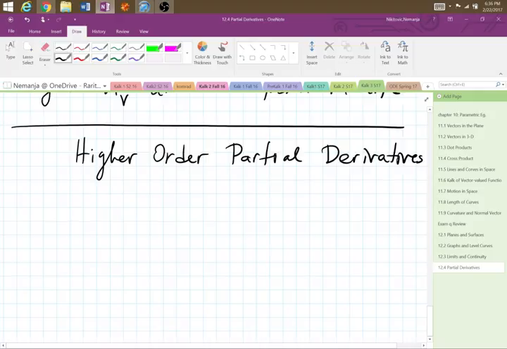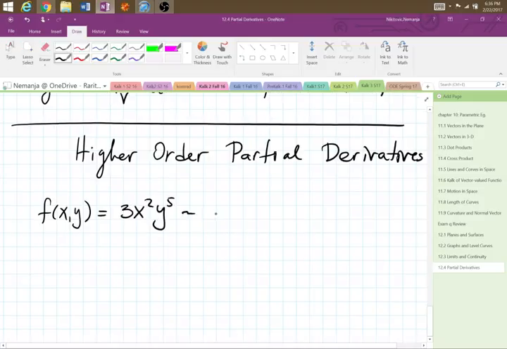So if I have f of x y to be 3x squared y to the 5th minus e to the x sine y, as long as you're not replicating the same variable in the term multiple times, then you're not going to have product rules and so on. So this is actually very easy because you have only one x per term and one y per term.